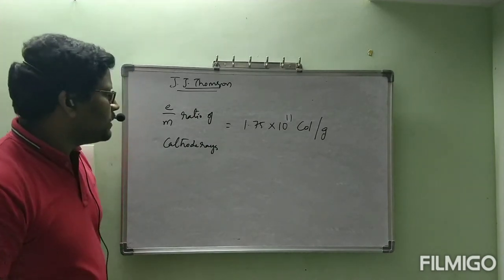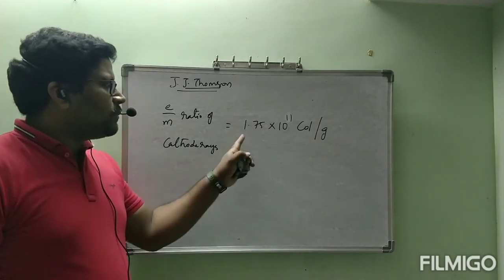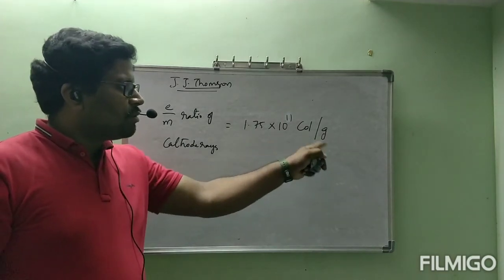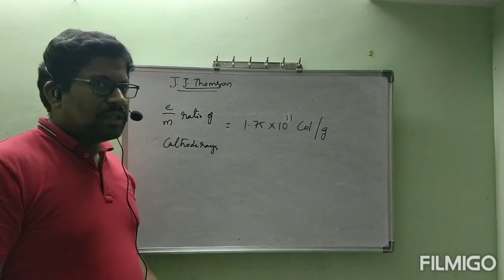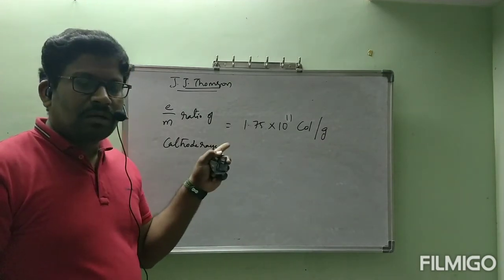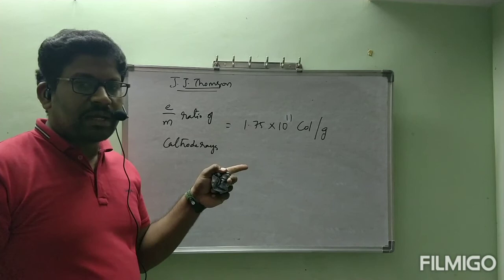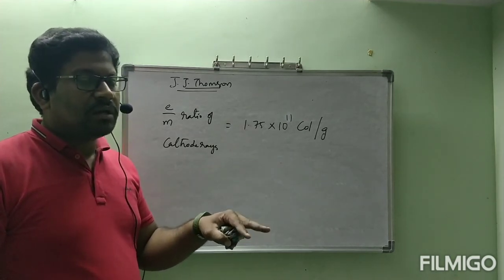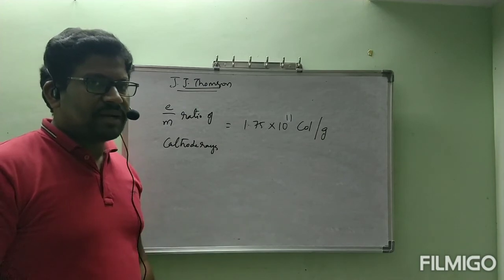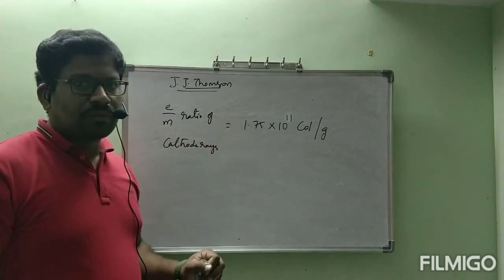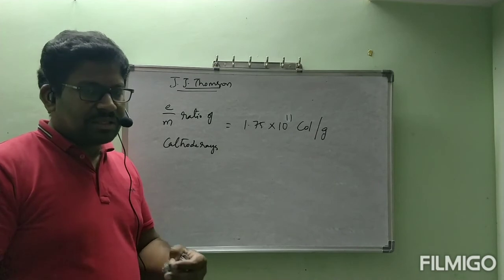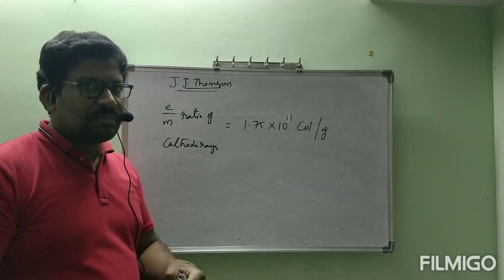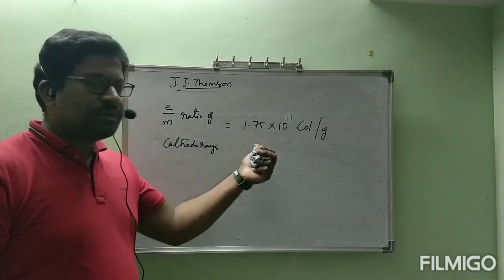This is calculated depending on the deflection of cathode rays, in the presence of an electric field, a magnetic field, or both. J. J. Thomson calculated all this depending on the deflections, and finally he concluded this value.